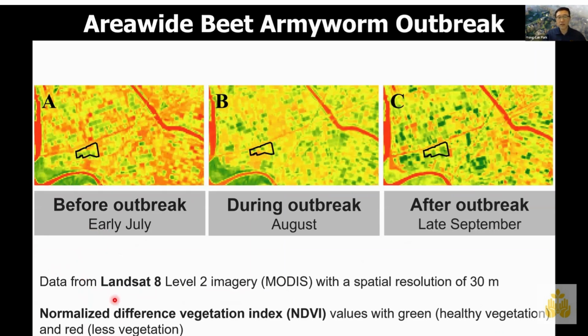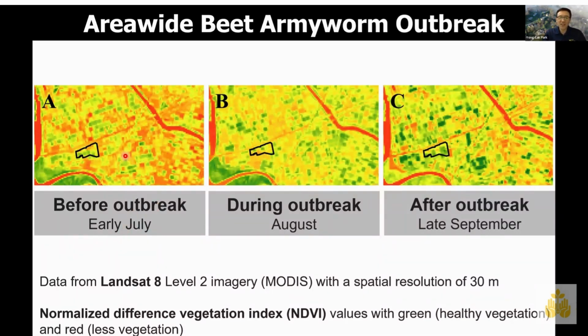In this case, we used the Landsat 8 and MODIS. The MODIS sensor calculates the normalized difference vegetation index, basically detecting green healthy vegetation. For example, before the outbreak, there are some greens. Green means healthier vegetation, and red means no vegetation or less vegetation.